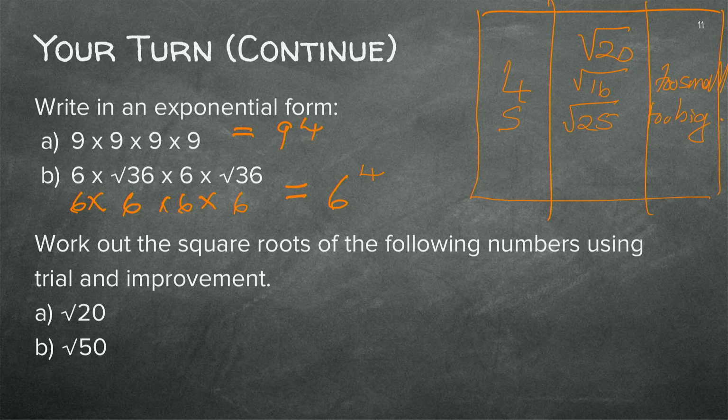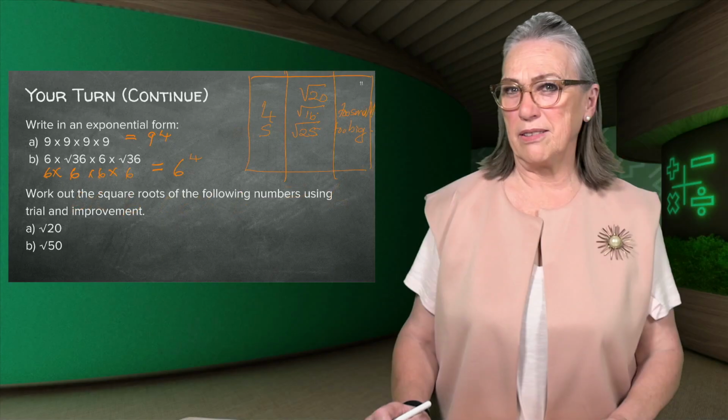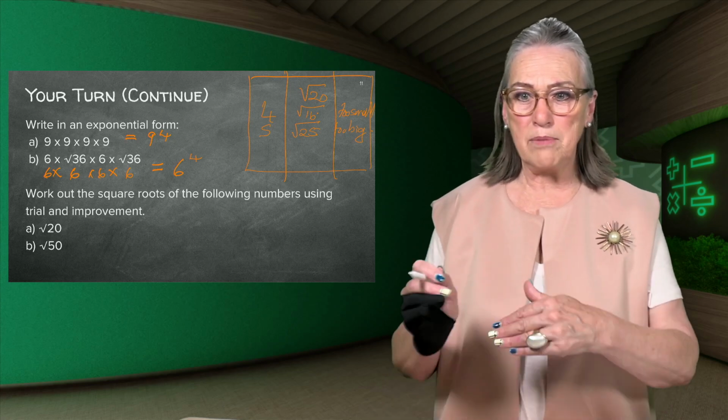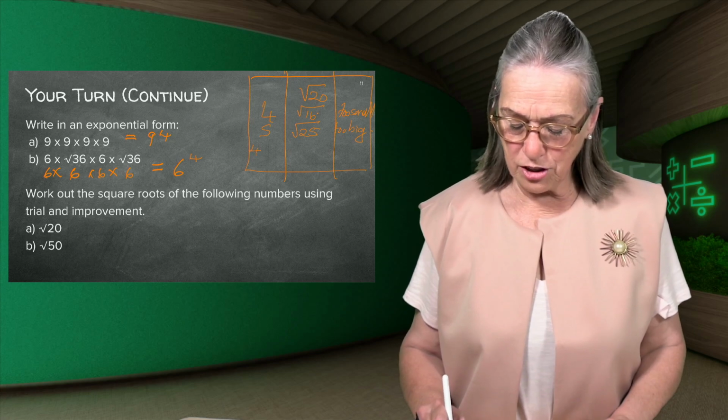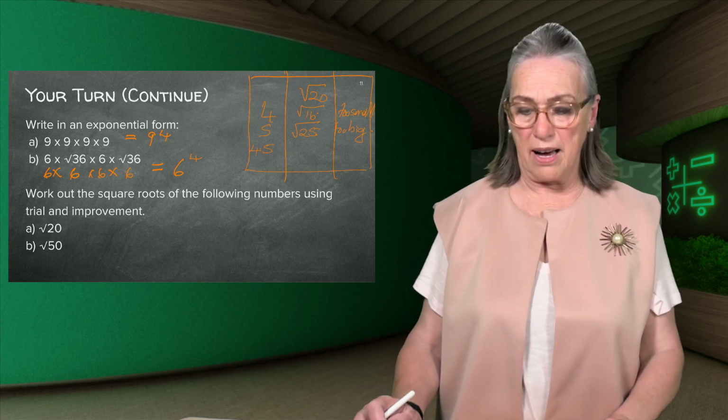So now we're going to start and work it out. If we look at 16 and 25, we can estimate that the answer would be in the middle. Do you agree with me? It's in the middle between 16 and 25. So let's try. It's always good to try with 4.5.